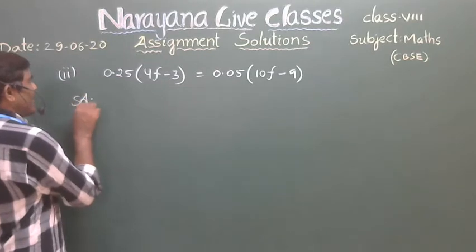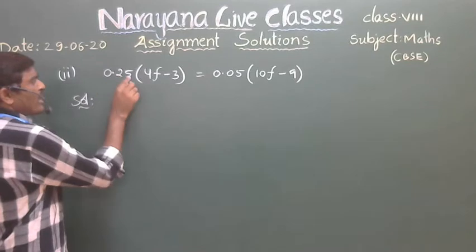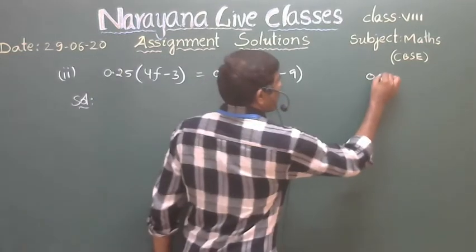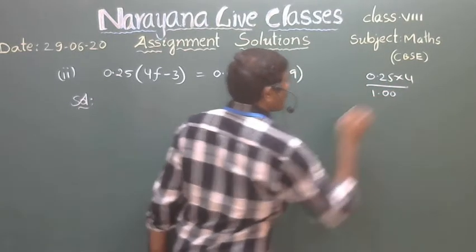To eliminate the brackets on both sides, multiply with 0.25. 0.25 into 4 is equal to 1.00.